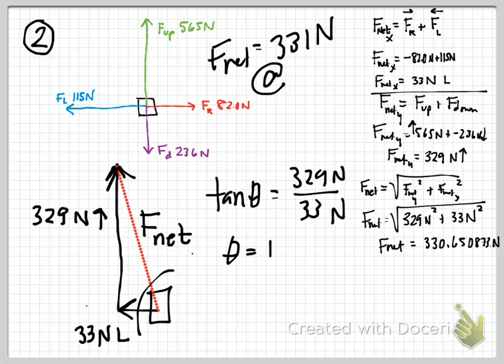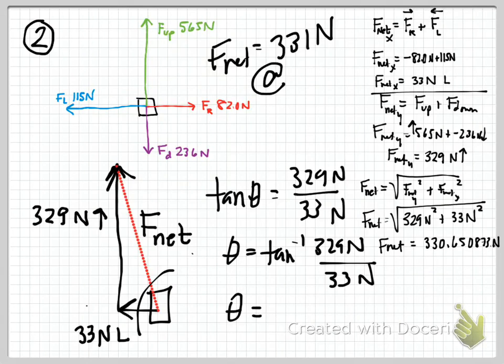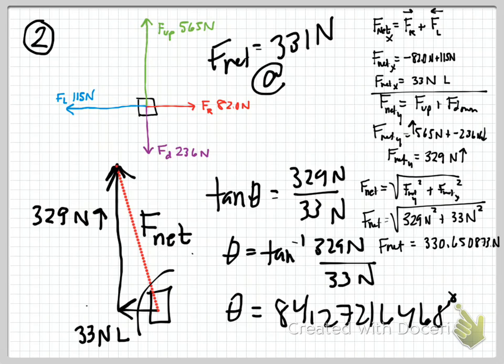So theta equals the inverse tangent of 329 newtons over 33 newtons. That gives theta of 84.27 degrees. How do you describe that angle?